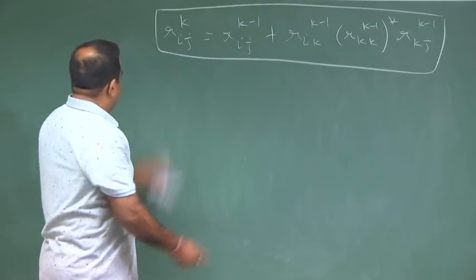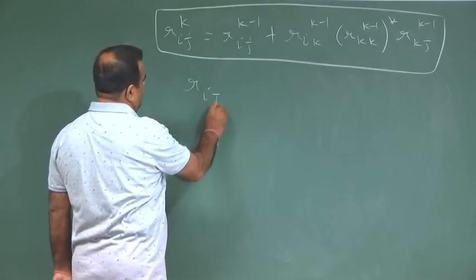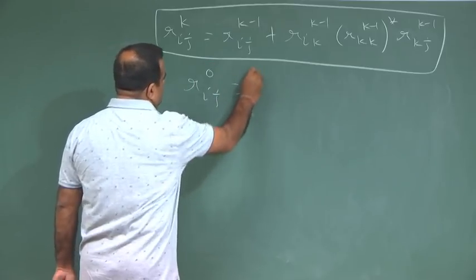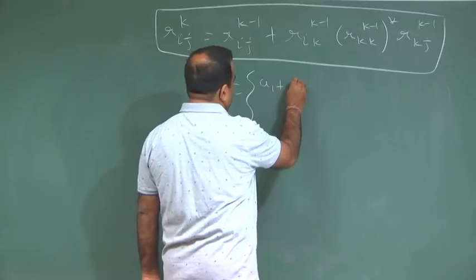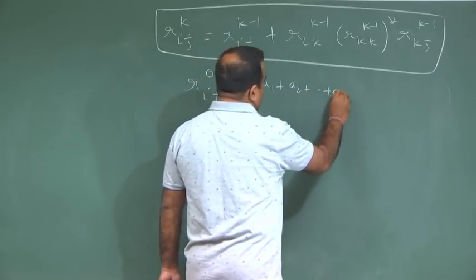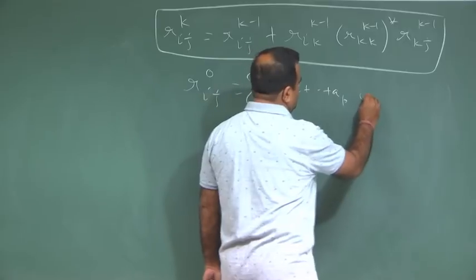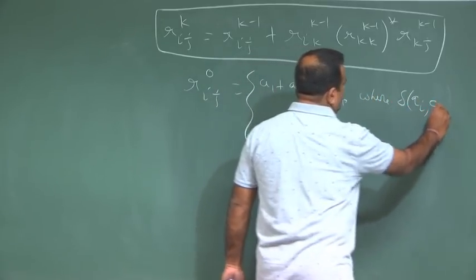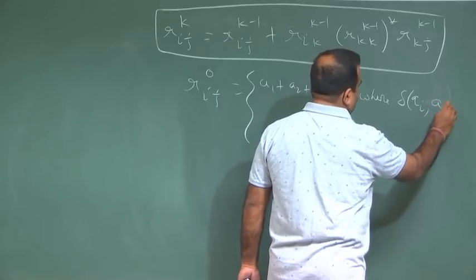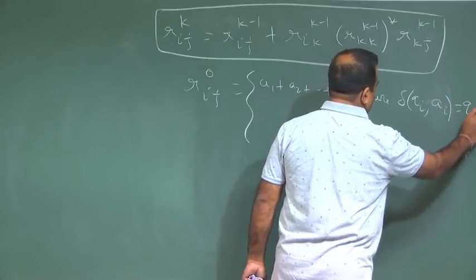And R_ij^0 we defined as a1 plus a2 plus ... plus ap, where delta of (qi, ai) goes to qj.